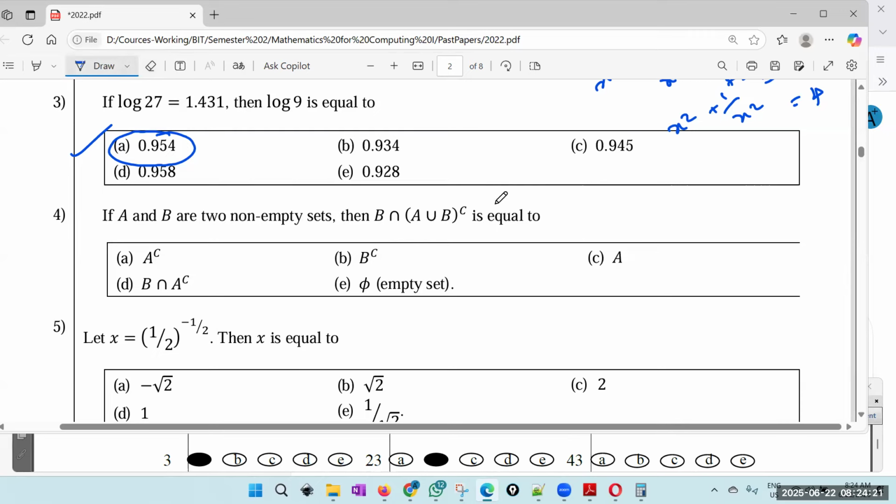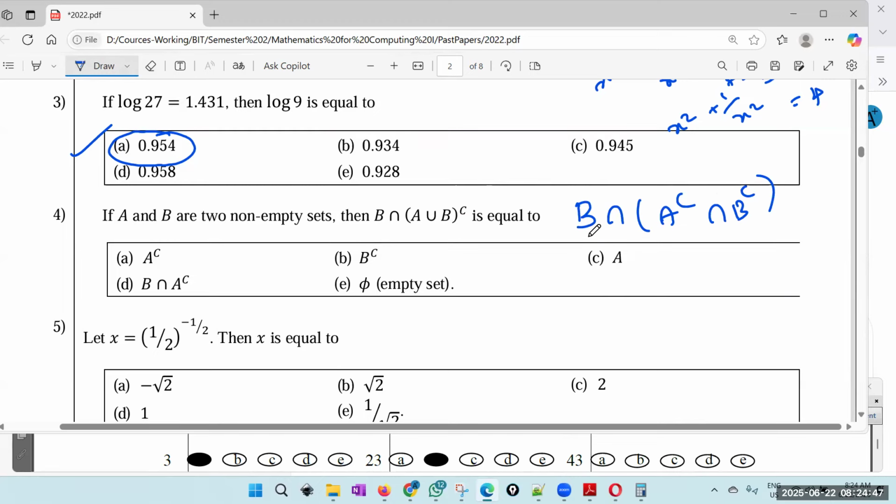Let's first apply, or maybe we can shade this also. First we'll apply the De Morgan rule and see whether we can get something. Otherwise, we'll shade it. This is A complement intersection B complement.